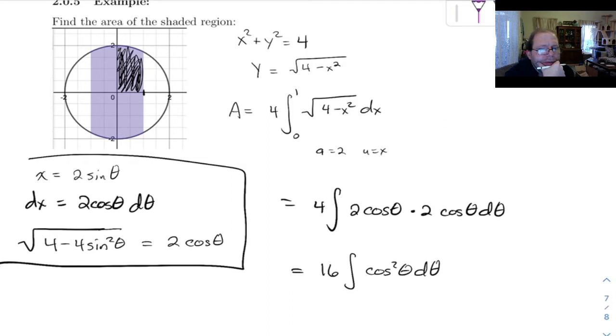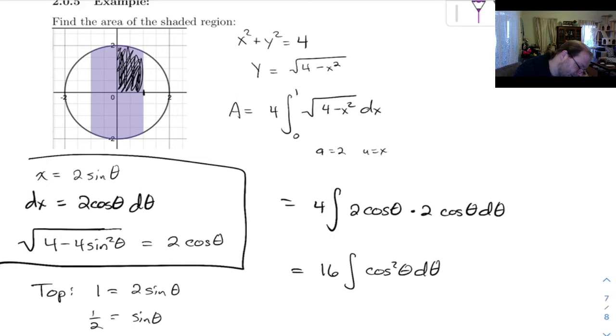All right, we need to deal with our endpoints, and we need to deal with this cosine squared. On this one, I think the endpoints are going to be nice. So let's try translating the endpoints. If we look at the top, x is 1. So you get 1 equals 2 sine theta. Sine theta is a half.